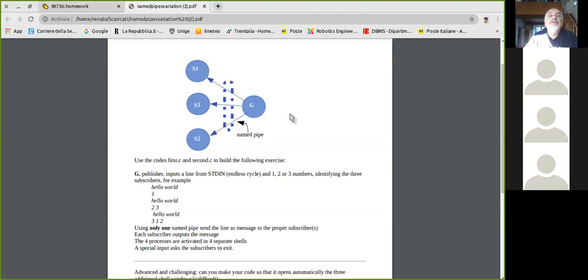So we cannot generate in advance 3 separate communication channels, either unnamed pipes or named pipes, it doesn't matter. So only one communication channel.